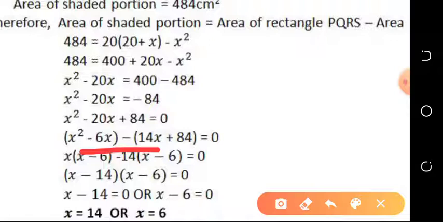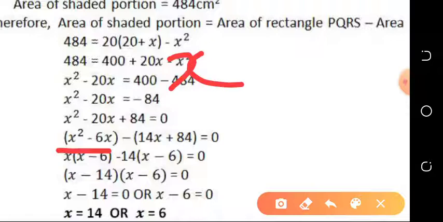When you are through with that, you now group them in twos in brackets. You bracket this and you also bracket that. Now what is common? What's the highest common factor in this bracket? It is x. Let me show you how to get that.